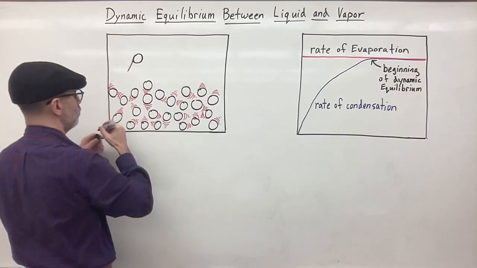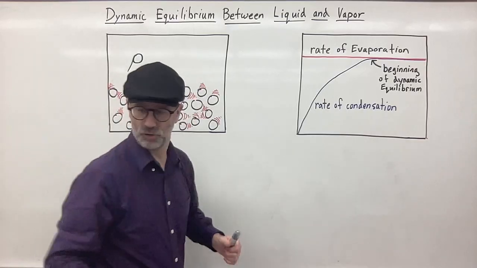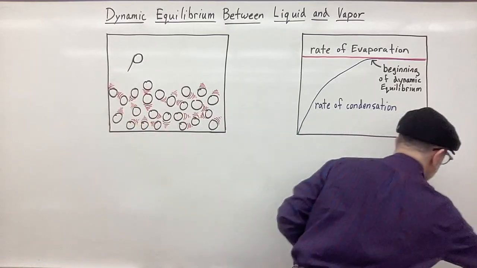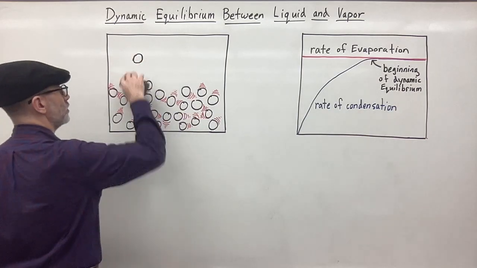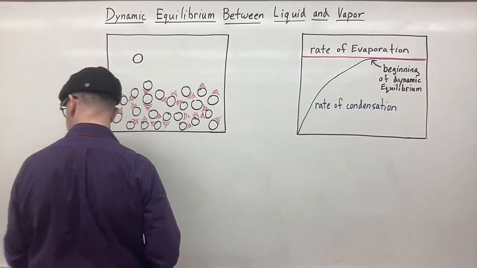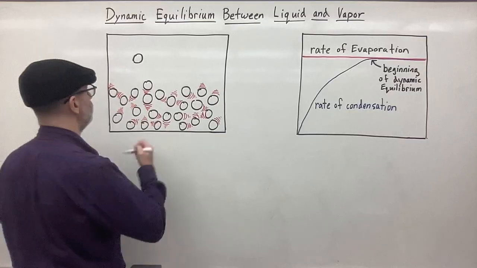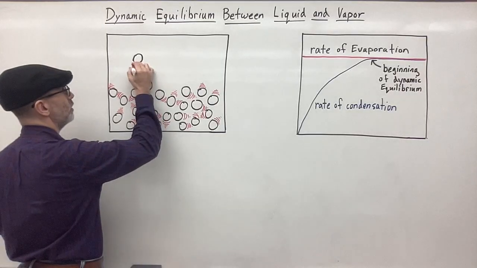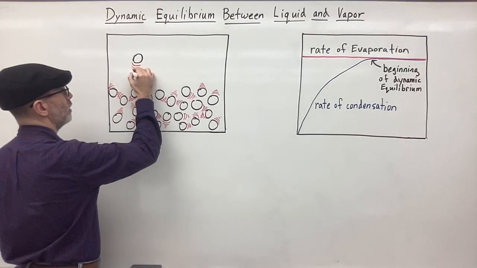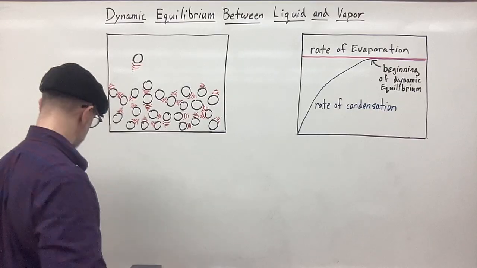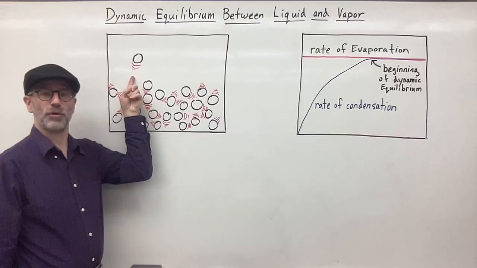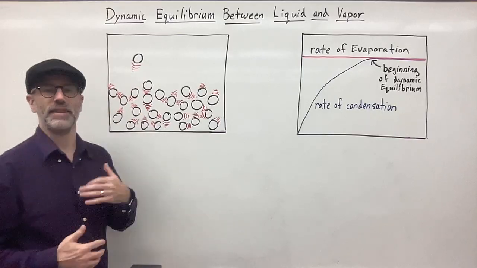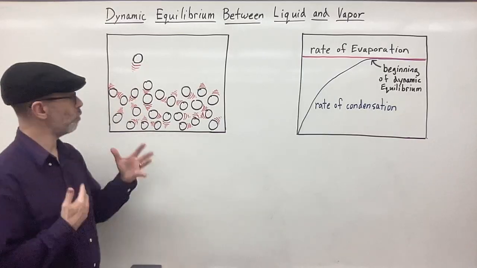Here, let me draw that differently. Right, so here's my particle that's in the vapor phase. Okay, so now I have a particle that's broken free in the vapor phase, and that's going to occur more and more.